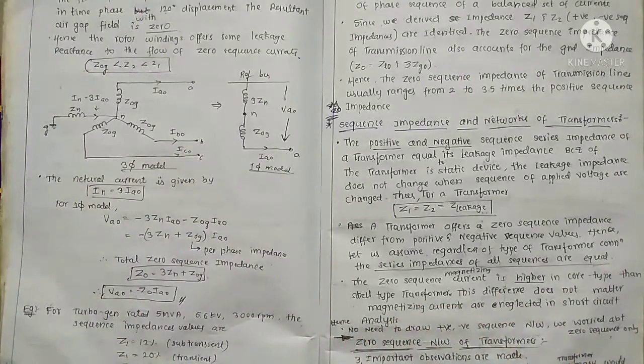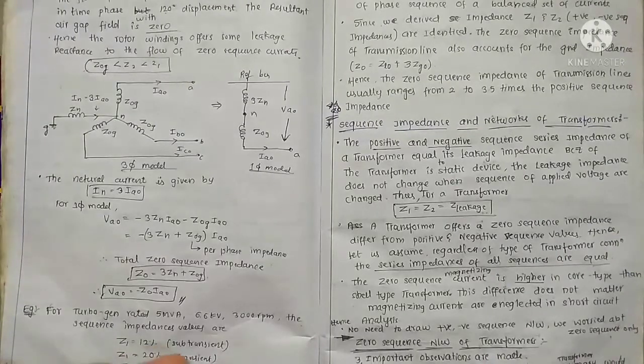We start with the sequence impedance and networks of synchronous machines. In synchronous machines, please remember sequence networks are very important. For a synchronous machine there are only positive and negative components; zero sequence does not exist. For transmission lines, all three symmetrical components exist, positive, negative, and zero, but the zero sequence impedance will be very high.